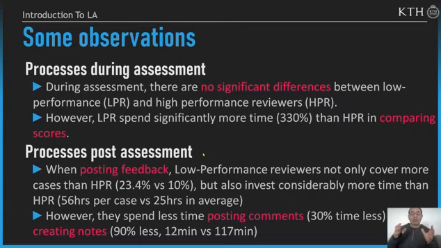Overall, low performance reviewers seem to spend more time in the whole task when assessing other peers than high performance reviewers. In terms of processes post-assessment, like posting feedback, posting comments, and creating notes, in posting feedback low performance reviewers do spend more time, and they cover more cases than high performance reviewers.